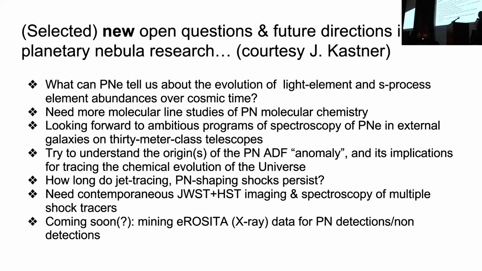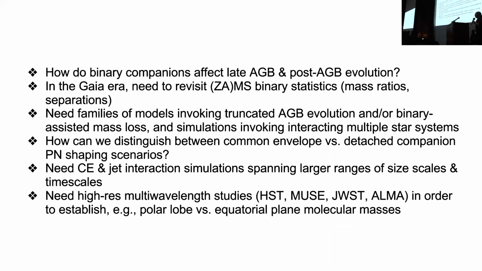New instruments like eROSITA, and mining the eROSITA data, might give us very good insight into the X-ray emission of those planetary nebulae. And the binary problem: how binaries affect the post-AGB, the common envelope, jet interaction, etc.